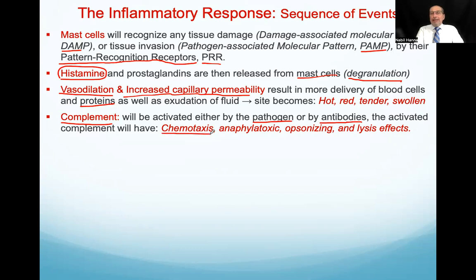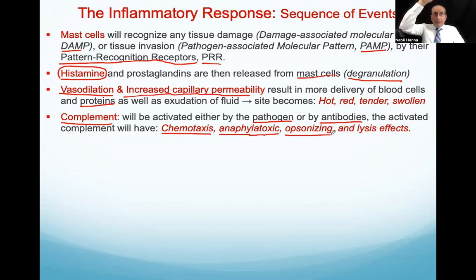Chemotaxis, which means it chemically attracts the white blood cells, the neutrophils, the basophils, the eosinophils, and macrophages to the site of inflammation. Anaphylatoxic effect, which means more stimulation of the mast cells to result in more degranulation and histamine release. Opsonizing, which means tagging or marking the pathogen to facilitate its phagocytosis by the macrophages and neutrophils.